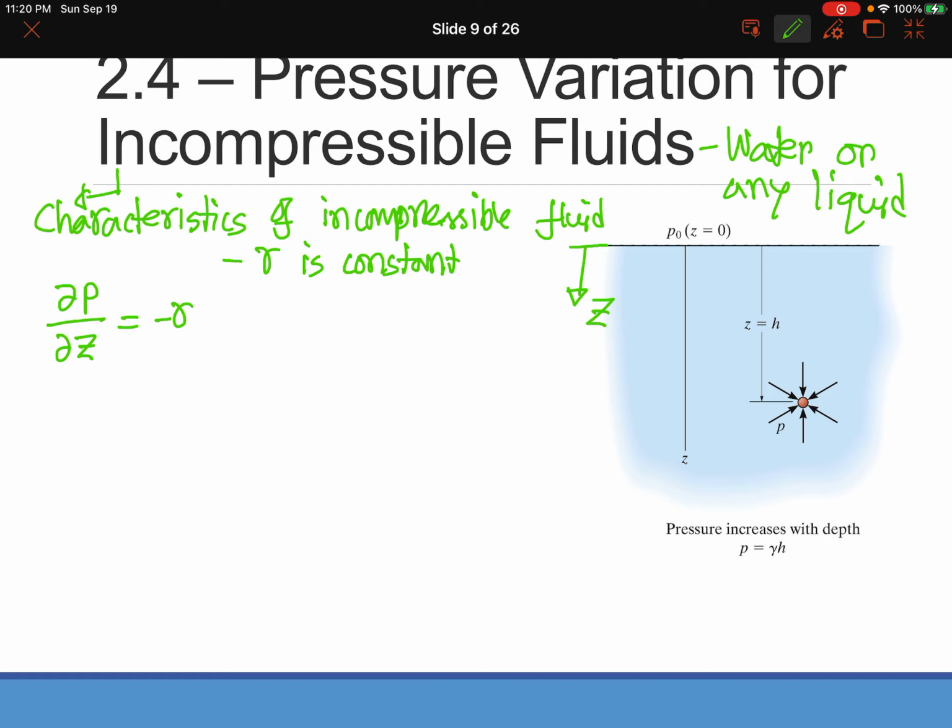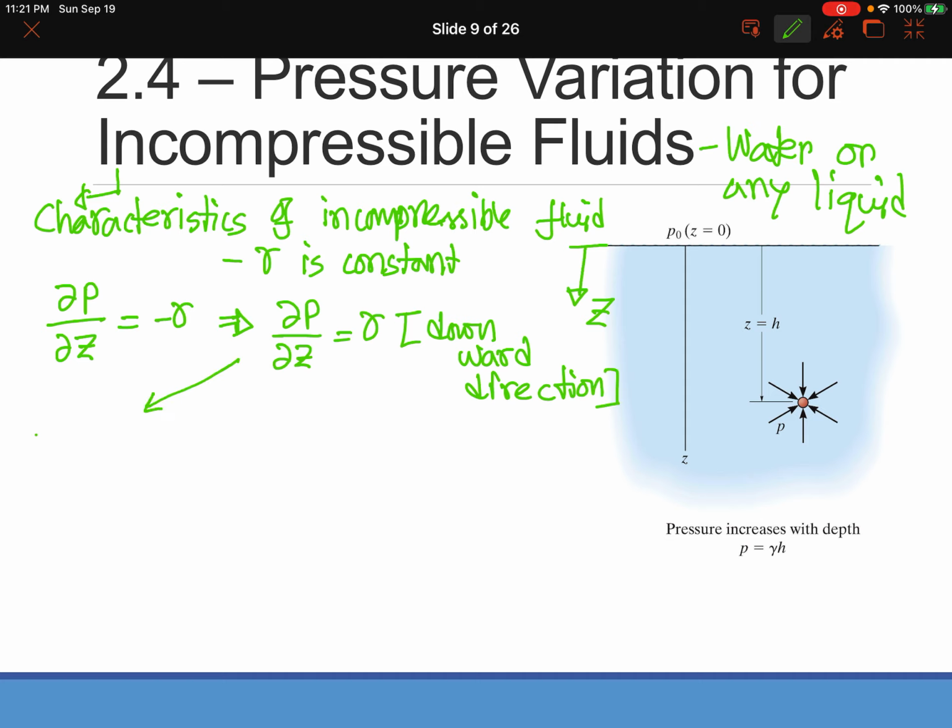So I will modify this equation into dP dZ equals gamma, for the downward direction.